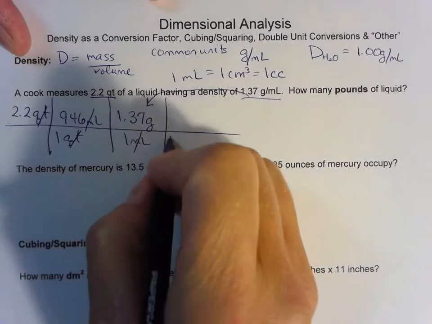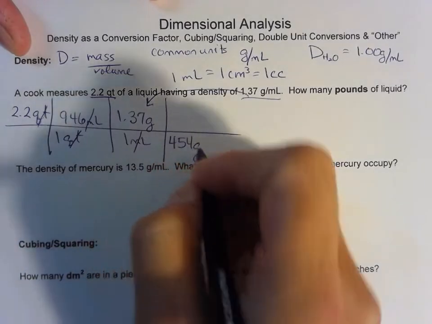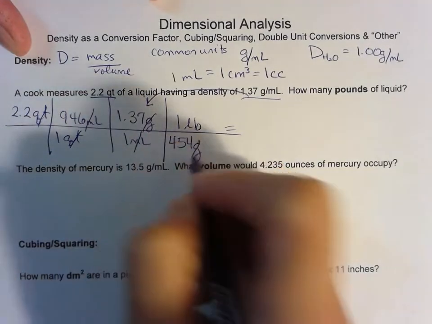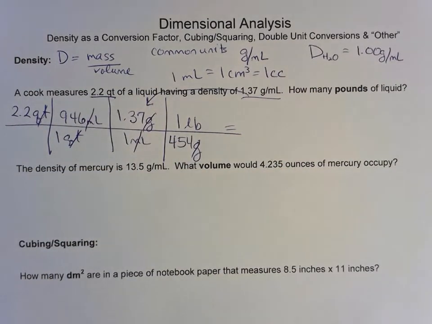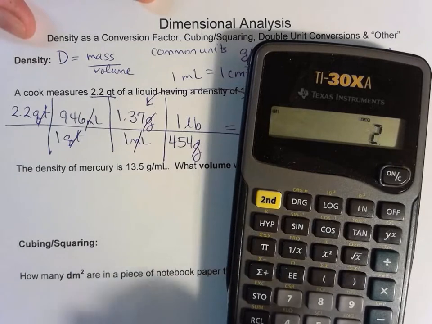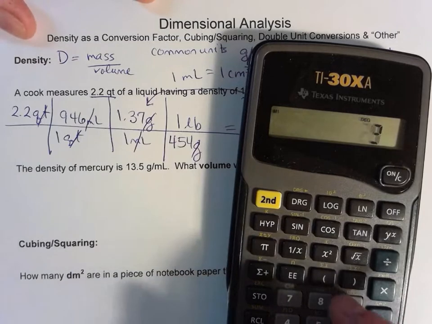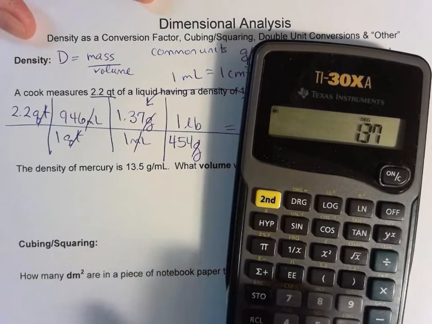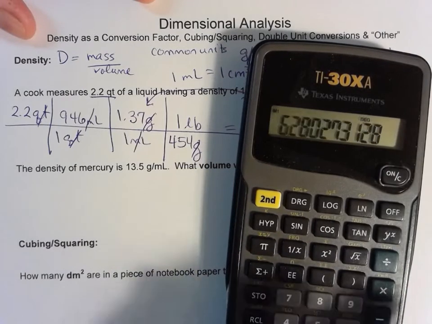We're now in grams, 454 grams in 1 pound. Again, if you are in Chemistry 105, you would use 453.6 grams in 1 pound because that's what we learned as the conversion factor. Plugging this in, it's 2.2 times 946 times 1.37 divided by 454.